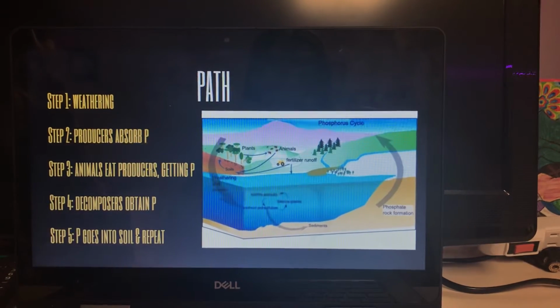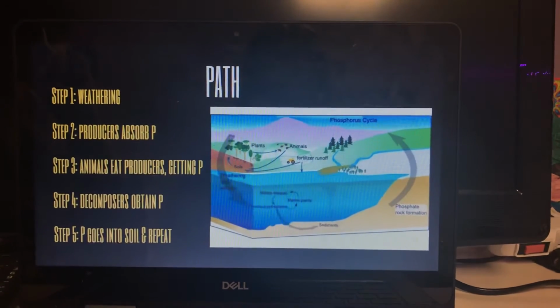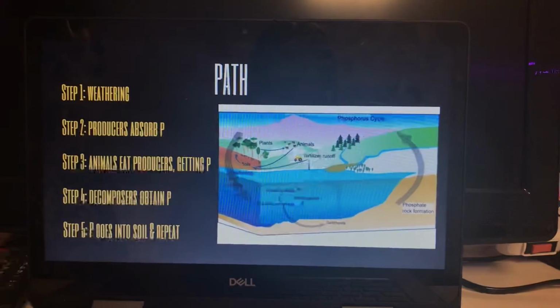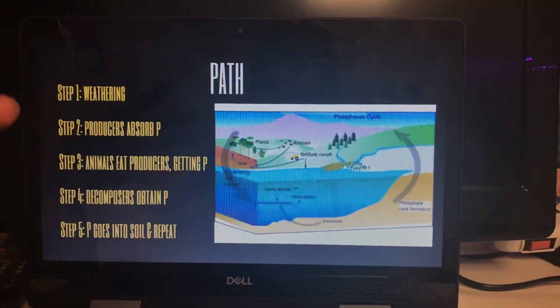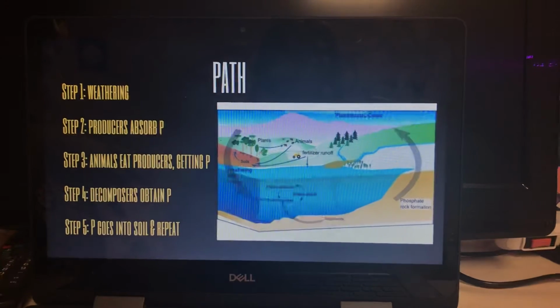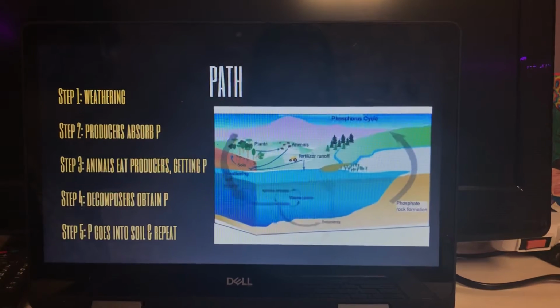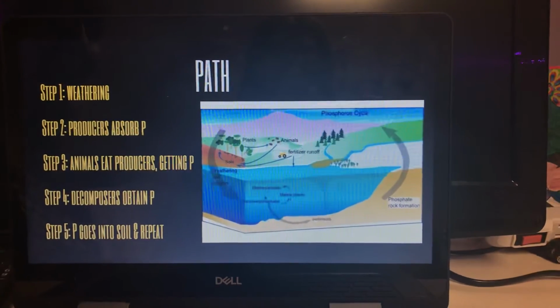And then our 4th step is the animals then would decompose, which goes right back into the soil, and the decomposers then obtain all the phosphorus from the animals in that whole cycle so far, and that can also go right back into the plants and the animals.